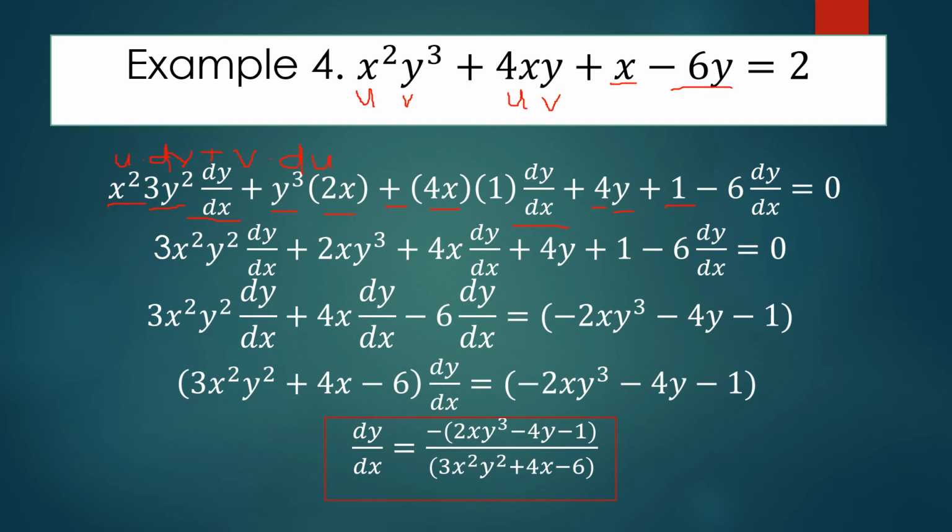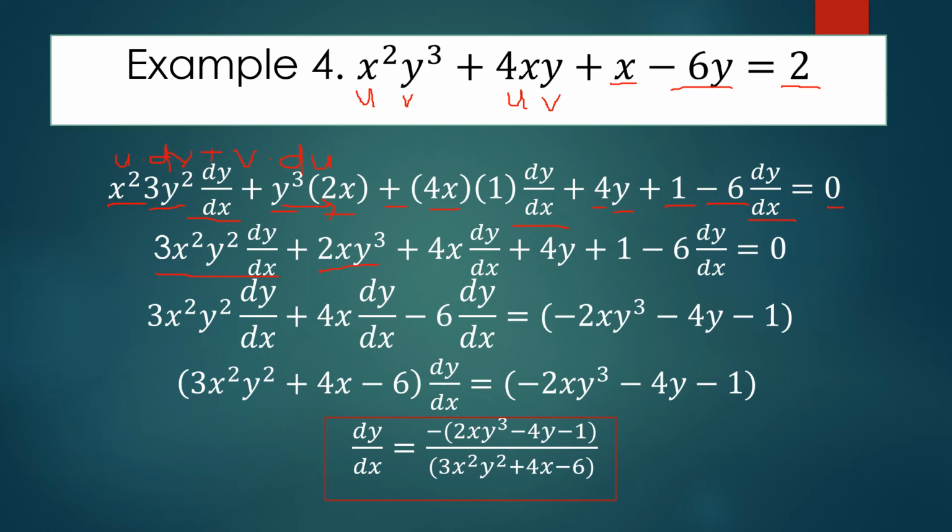And the derivative of negative 6y is negative 6. Again, variable y, so put dy over dx. The derivative of 2 is equal to 0. Okay, so let us simplify the terms. Just bring down x squared, 3y squared dy over dx, plus, let us multiply 2x times y cubed.